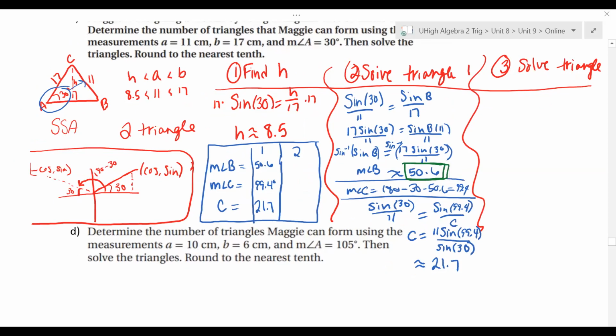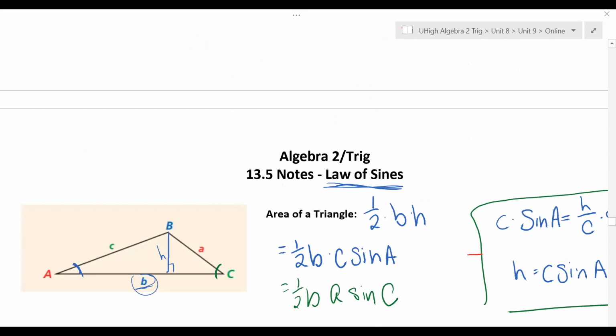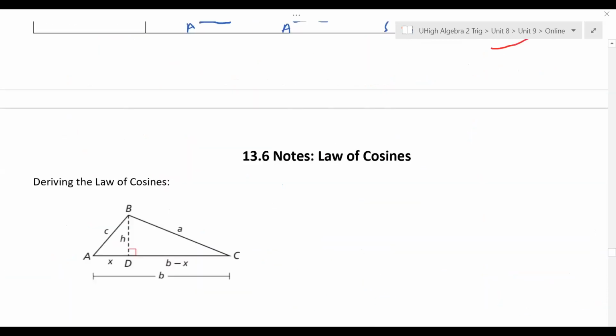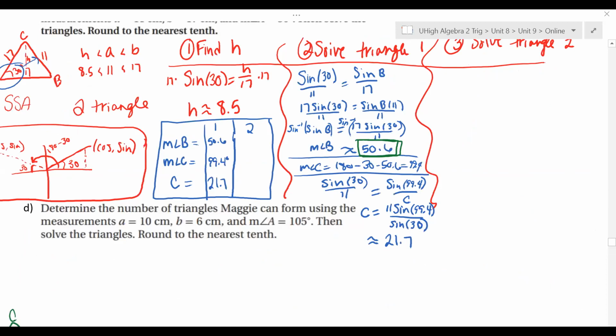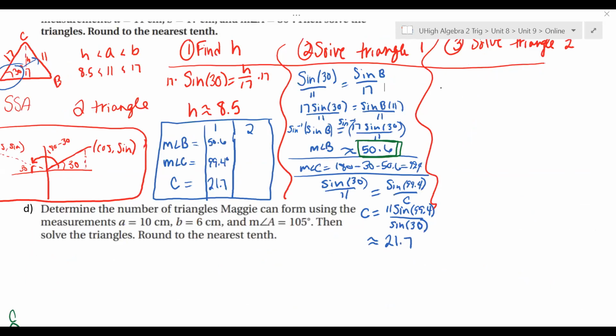The measure of angle B in my second triangle is going to be 180 minus 50.6.